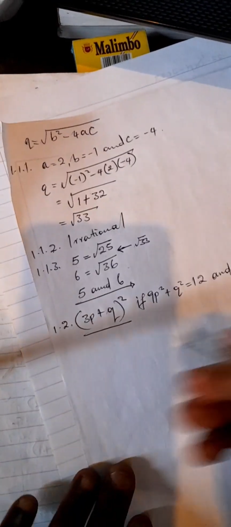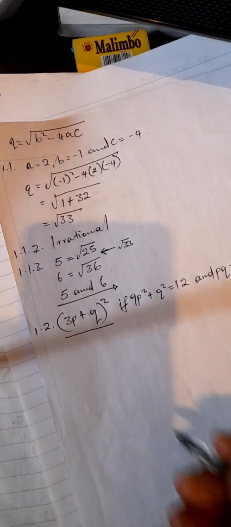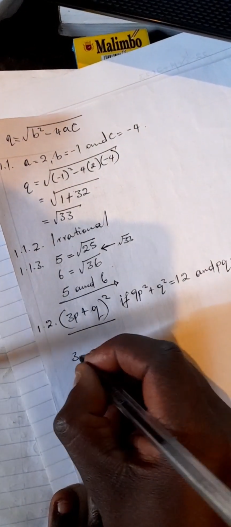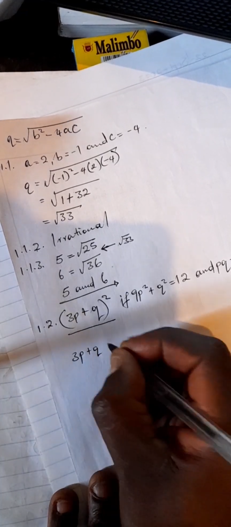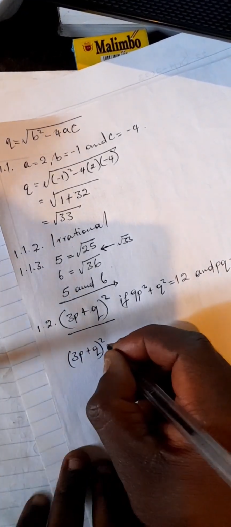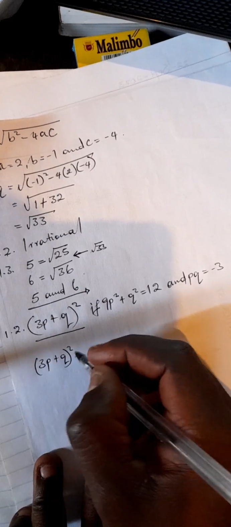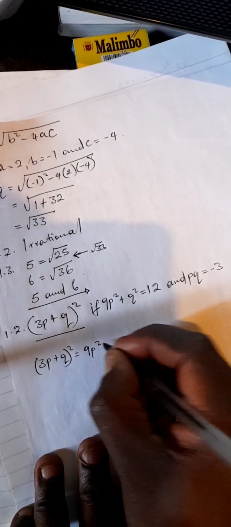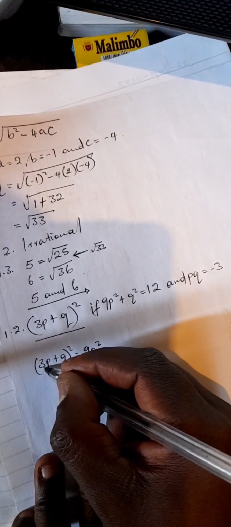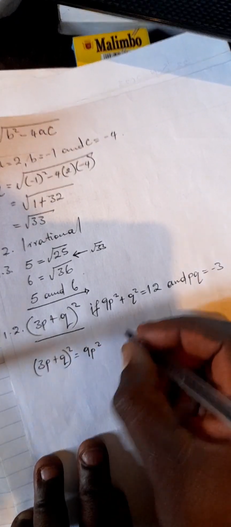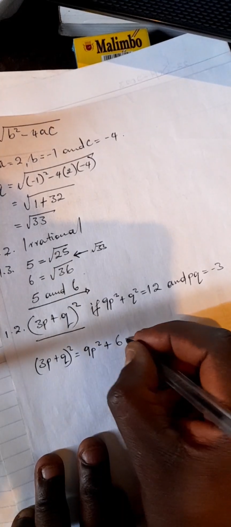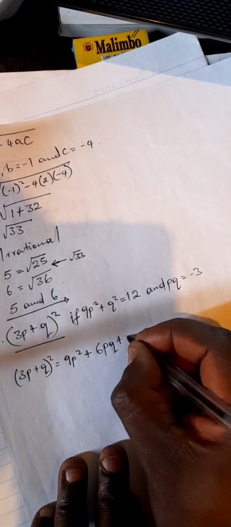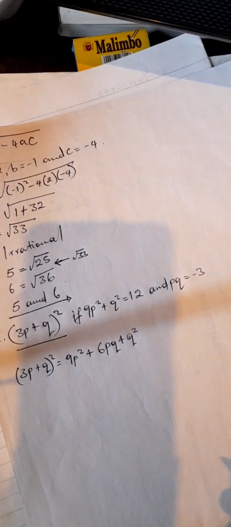Okay, so we are going to substitute. Let's start by expanding this. (3p plus q) all squared. Expanding, we have 3p squared, which is 9p squared, 2 times 3p times q, that's 6pq, and then q squared, right?